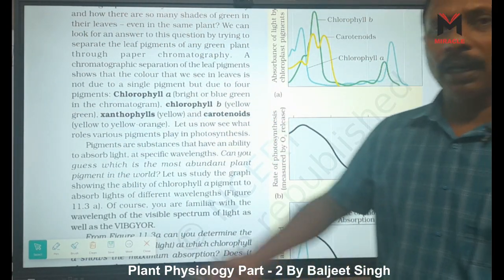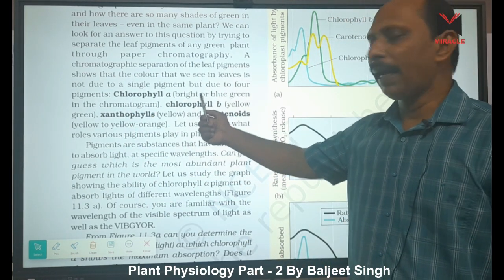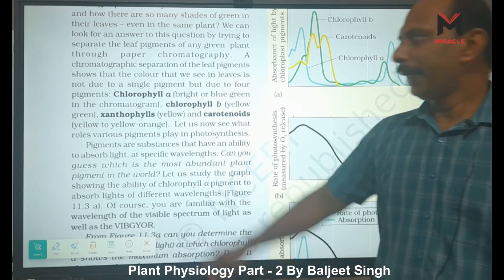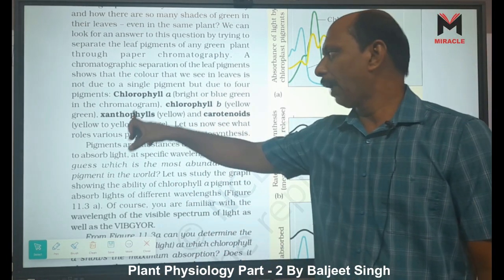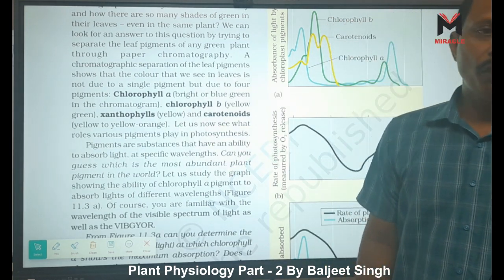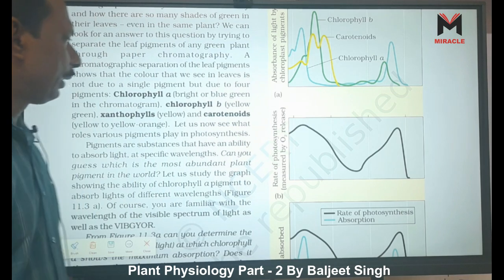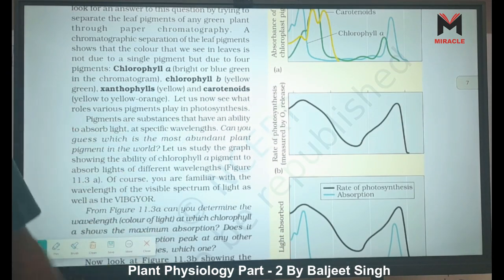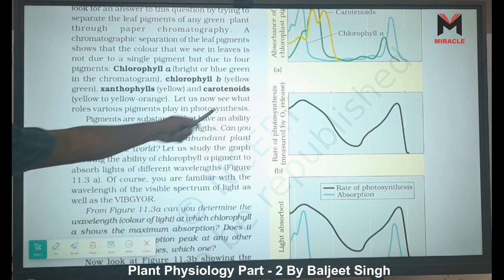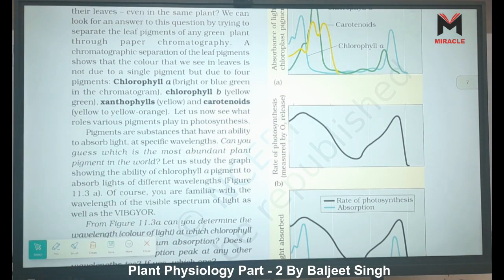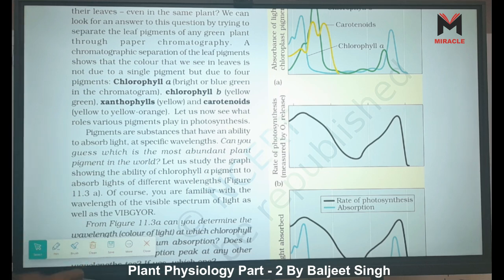Chlorophyll A is bright or blue-green in color. Chlorophyll B is yellow-green. Xanthophylls means yellow in color. And carotenoids are yellow to yellow-orange or orange in color, right? Some graphs are given here. Let us now see what roles various pigments play in photosynthesis. Okay, I will tell you about the pigments.